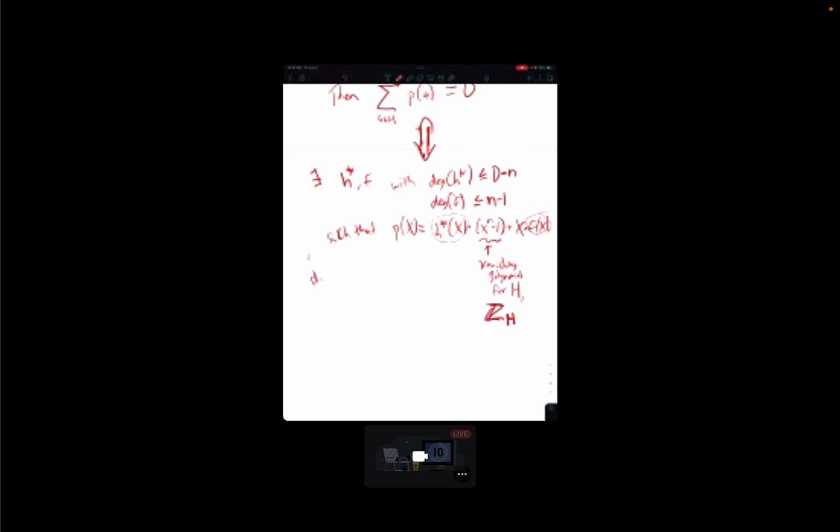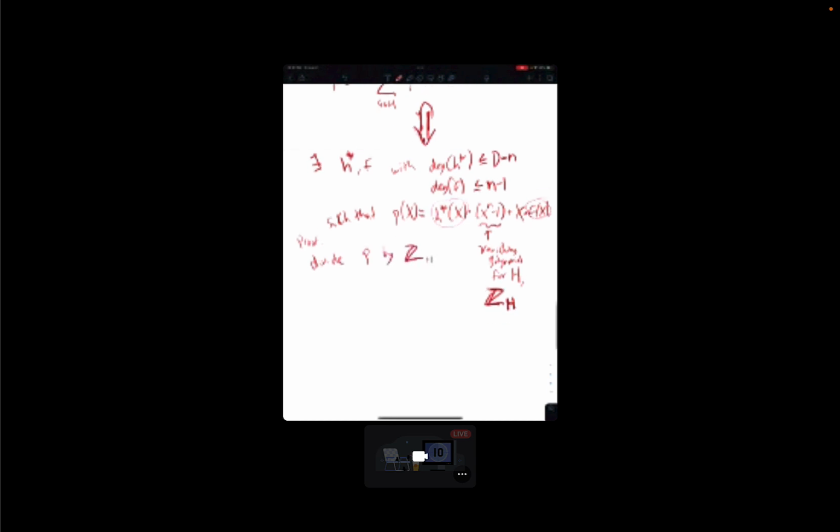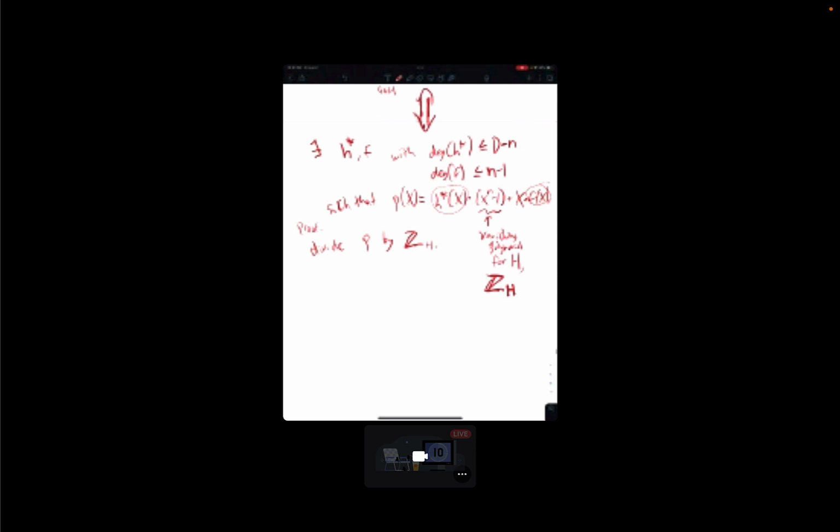So here's a little sketch of the proof. What we'll do is divide P by this vanishing polynomial Z sub H, and that will give us a quotient. So let H star be the quotient, and let's say R is the remainder.